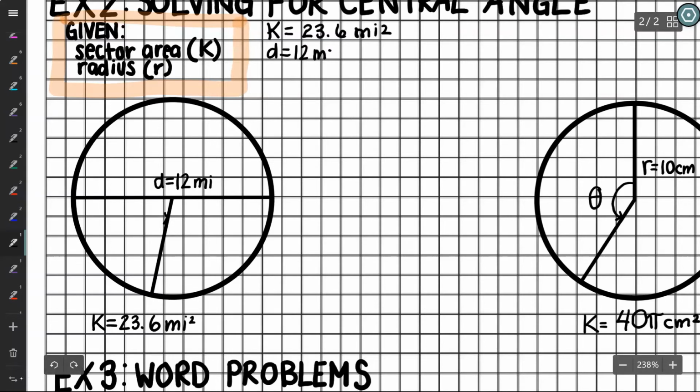Alright, and we're going to set up our proportion again. So I have theta over 360 equals k over pi r squared.